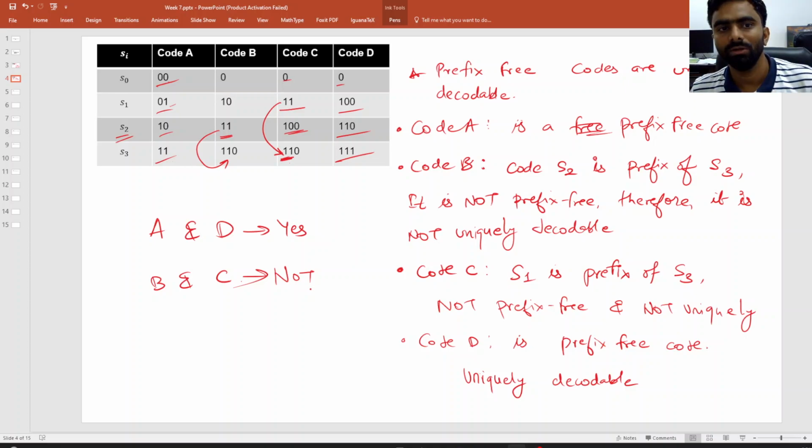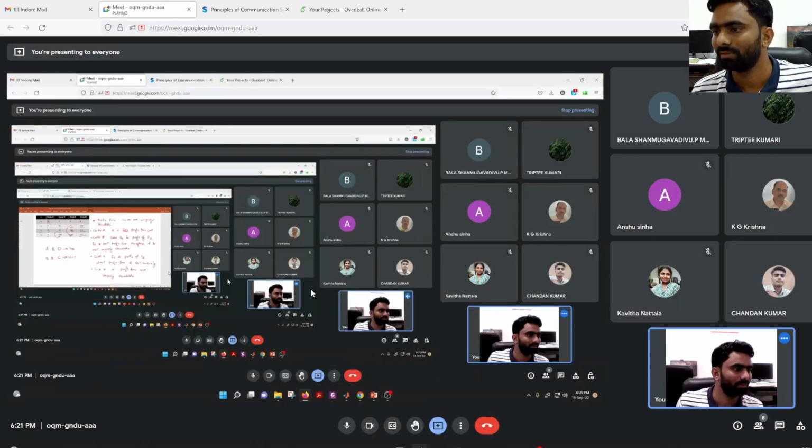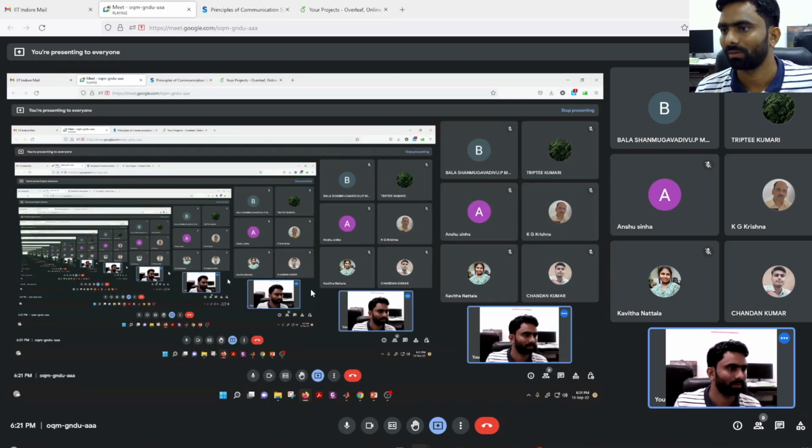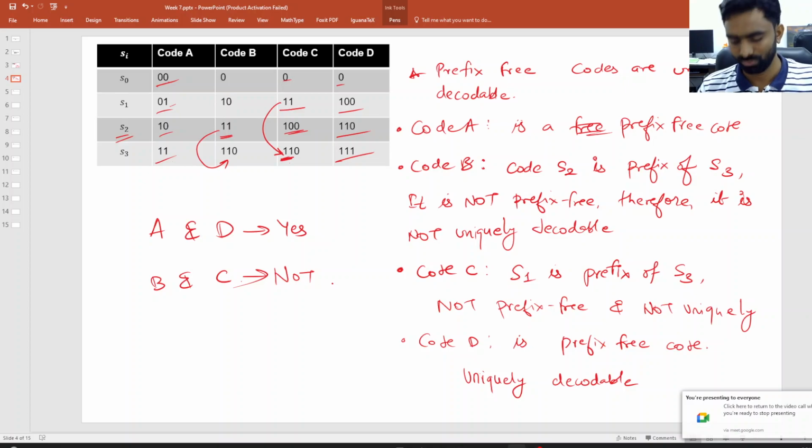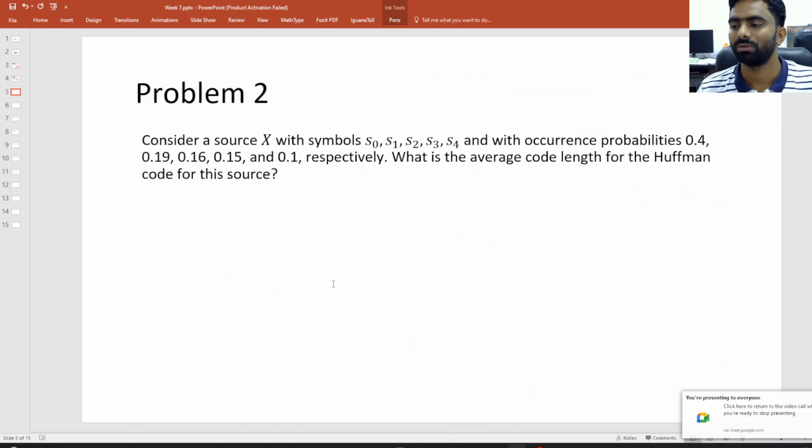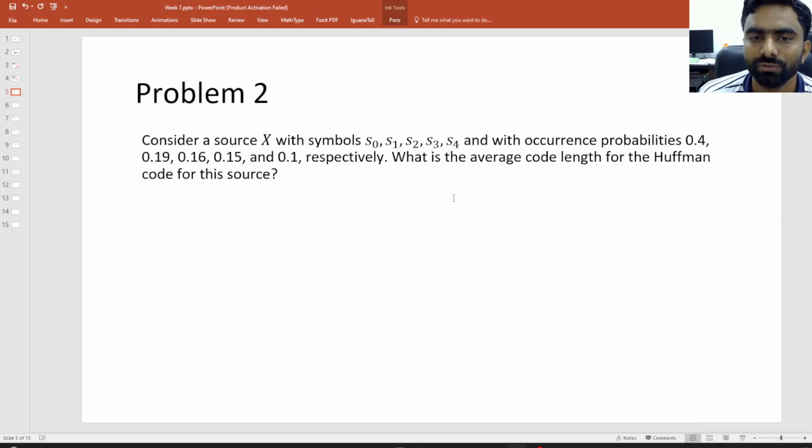Now we'll move to problem number 2. Any doubt in this one? Anyone? Then we'll move to problem number 2. It says, consider a source X with the symbols S0 to S4 with occurrence probabilities 0.4, 0.19, 0.16, 0.15 and 0.1 respectively.